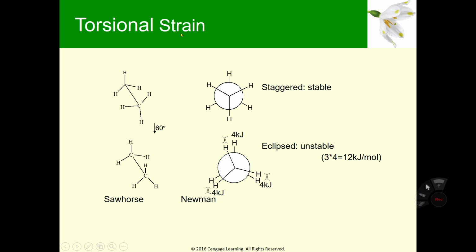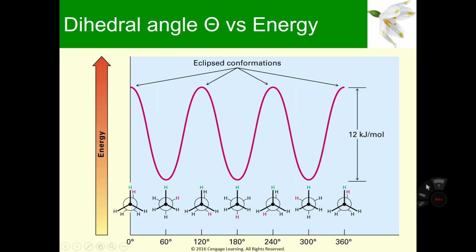Torsional strain is a strain due to electron cloud closeness in three-dimensional space. In this case, there is a torsional strain between CH in the front carbon and CH in the back carbon, right? And that is about 4 kilojoules, because you have 3 torsional strains in this eclipsed conformer. The eclipsed conformer will be higher in energy than the staggered conformer, and the energy difference will be 12 kilojoules. Okay.